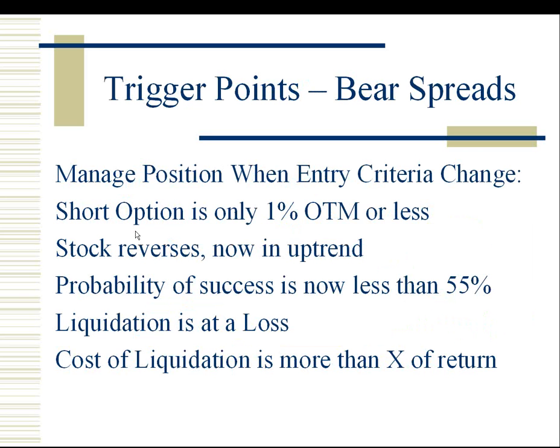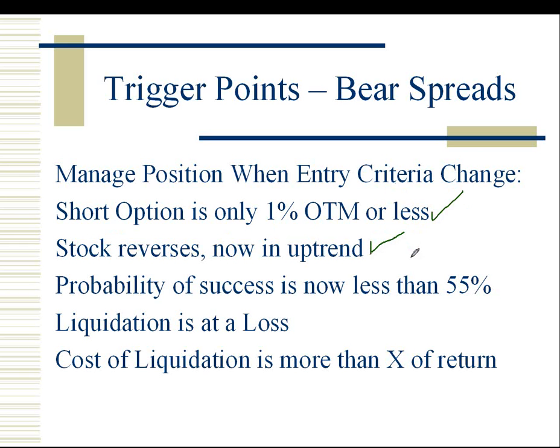So, what are the trigger points to managing a bear spread? Well, it's when any of those criteria that we use to enter the position get violated. For example, we start off with a short option that was maybe 5% out of the money. If that short option becomes 1% in the money or less, that might be a good time to look to manage the position.